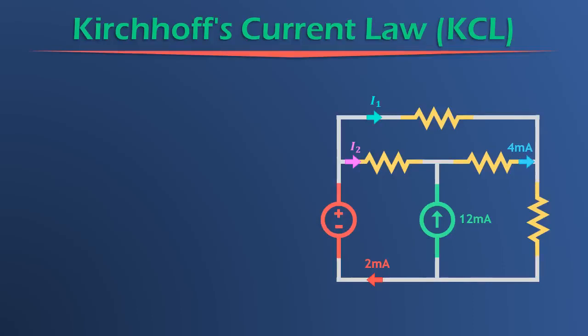And so we're also set up nodes. So we're going to call this node right here node A, and this node right here in the middle node B. And now we're asked, find I1 and I2 using KCL.